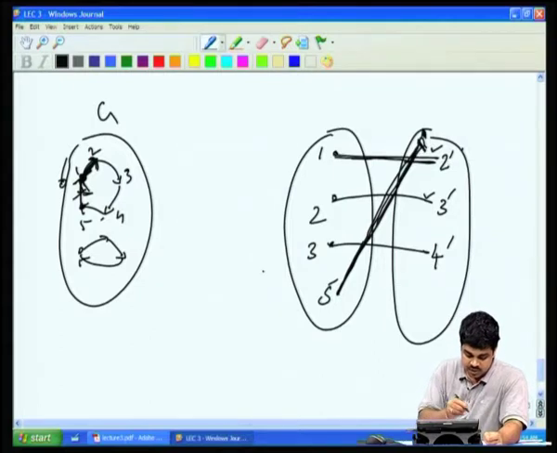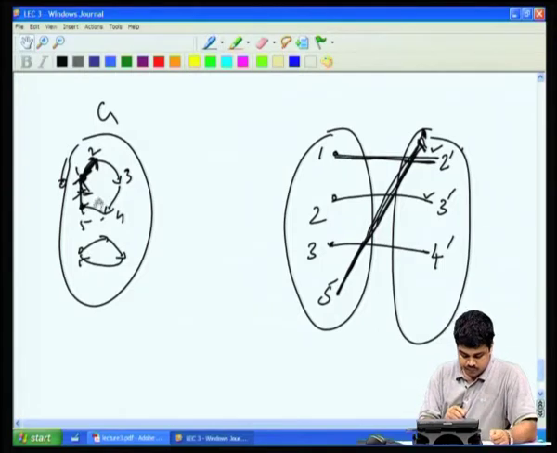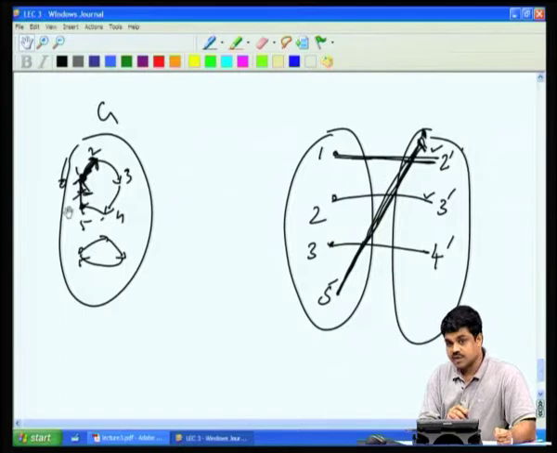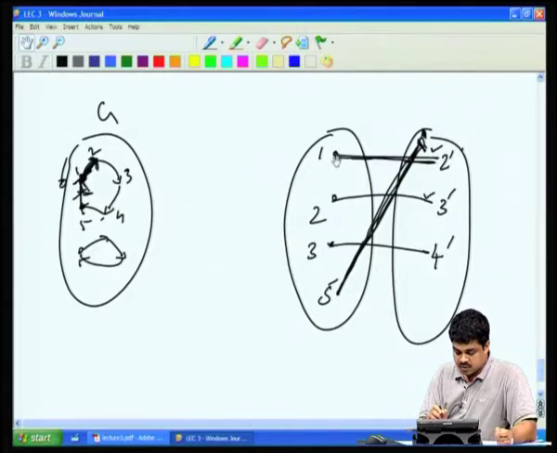Or in other words, if you consider a vertex here, it has one outgoing edge and one incoming edge. The outgoing edge will be the edge incident on the copy of that vertex on the A side.